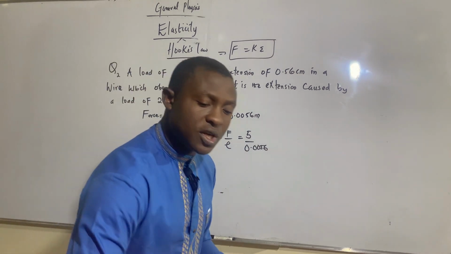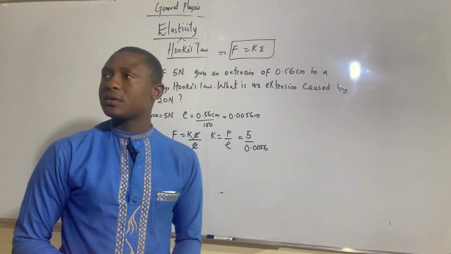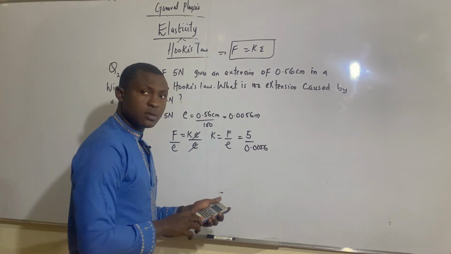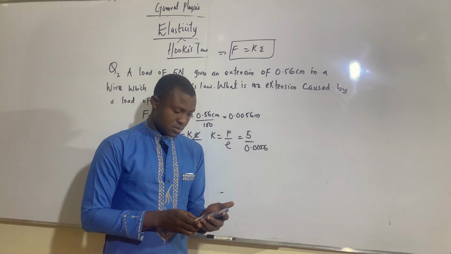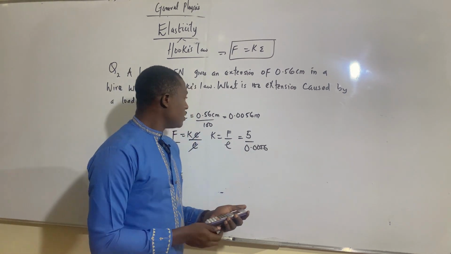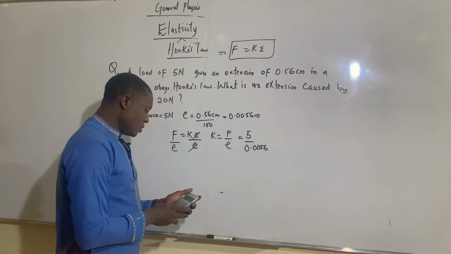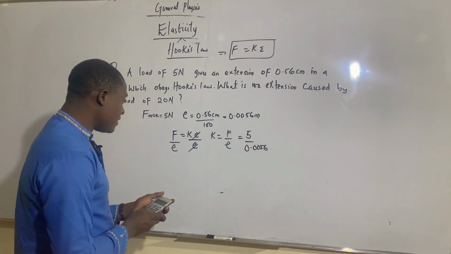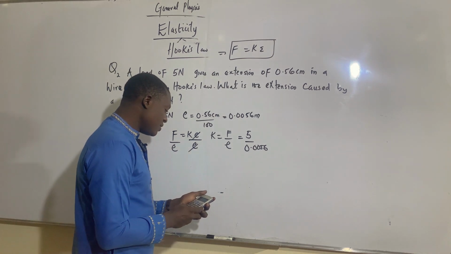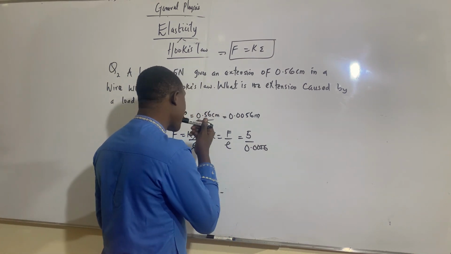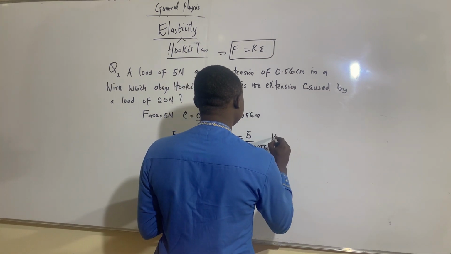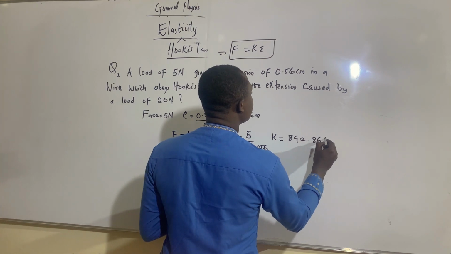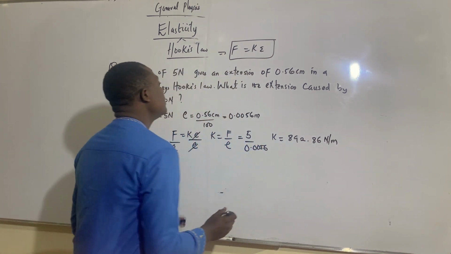If you press your calculator to check the value of that, we have K to be 892.86 Newton per meter.